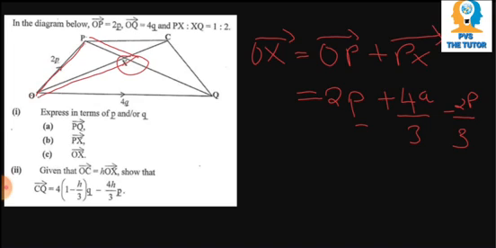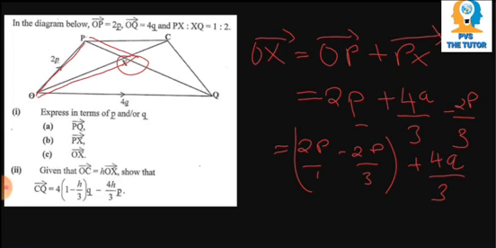So we can simplify this and collect the like terms. So we're saying 2P minus 2P over 3 plus 4Q over 3. You can simplify it further. When you find the common denominator here, we are having the common denominator as 3. So 6P minus 2P, and we'll still maintain 4Q over 3.